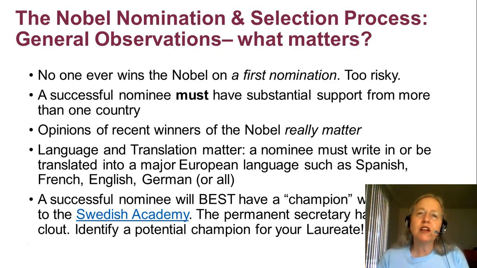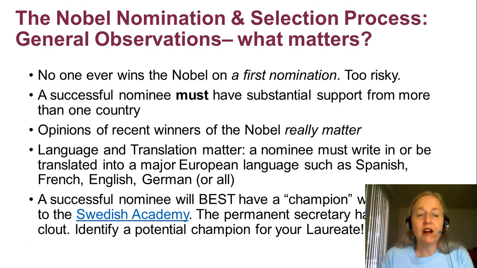And the Swedish Academy doesn't want to do that because it's a risk to accept someone on a first nomination. Another is that a successful nominee really must have substantial support from more than one country. It needs to have support from a member or members of the Swedish Academy.